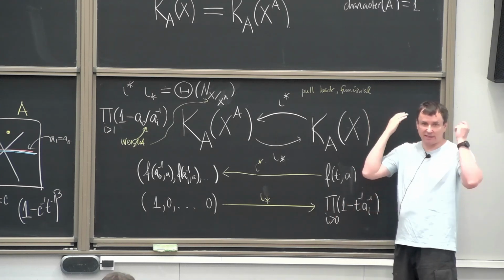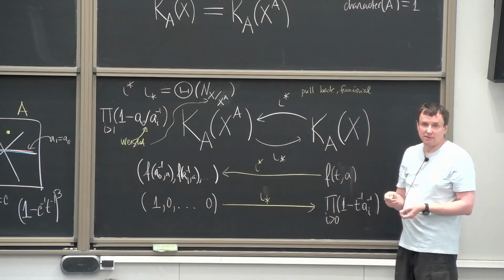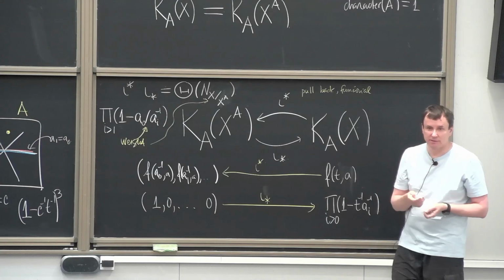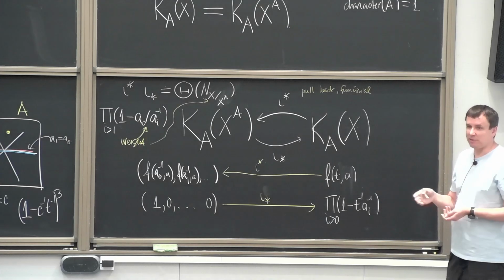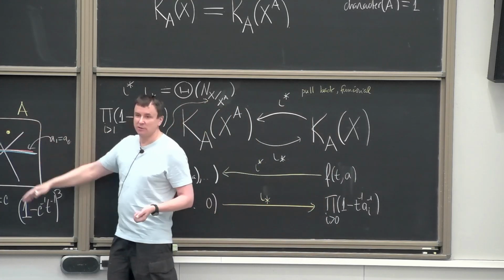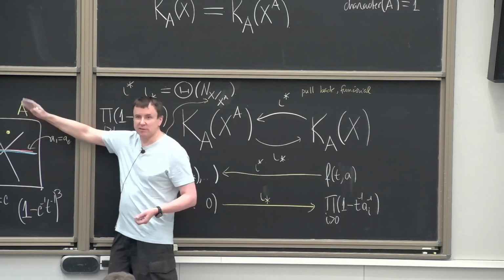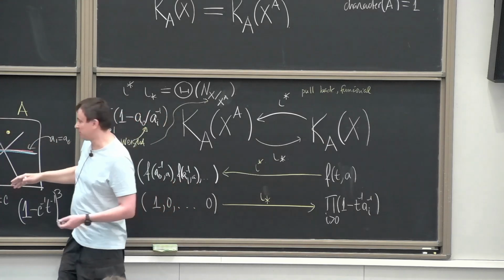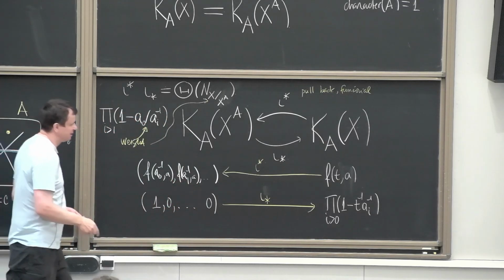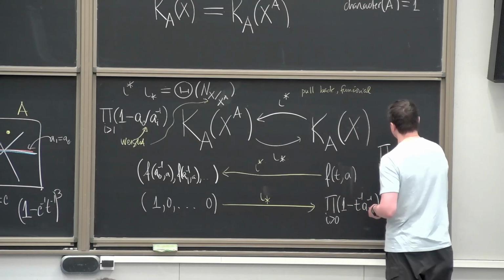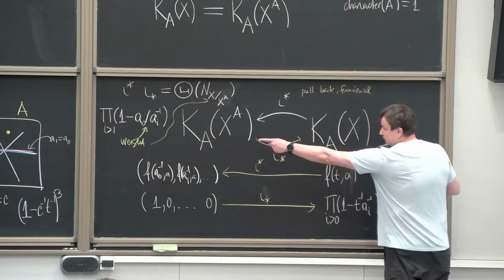That is to say, they're killed by some non-trivial polynomial in A. Both maps are isomorphisms away from some sublocus. Any element in the kernel or cokernel is killed, in this case, by the product over i less than j, because that is the equation of this locus.